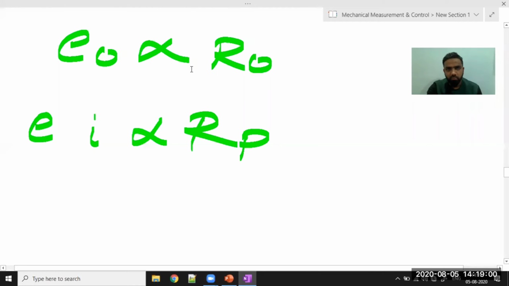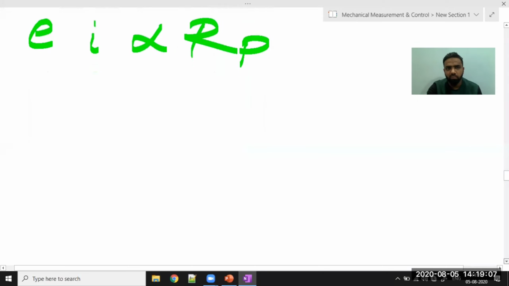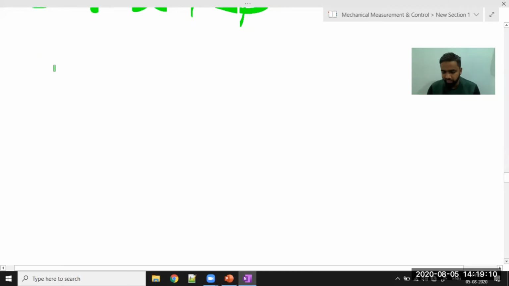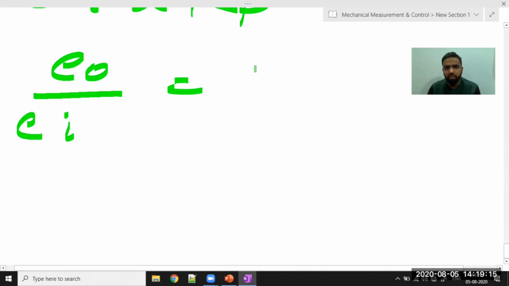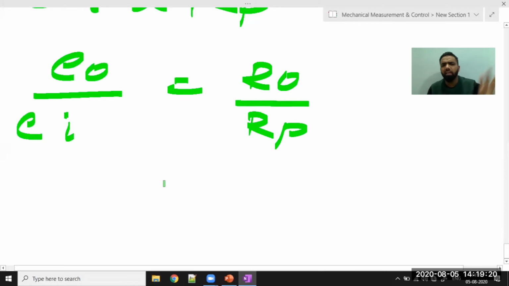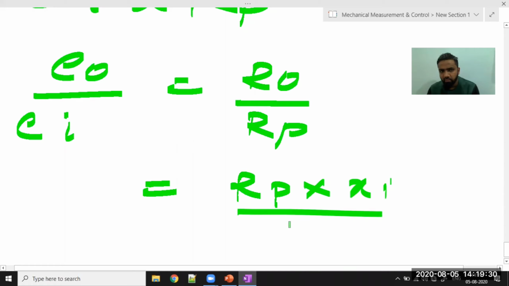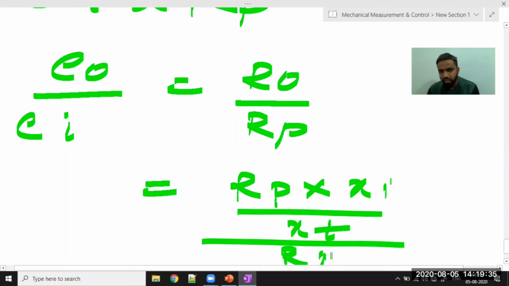Very nice. Now we will divide both the terms. This is the place where I made an error and you were not able to identify it. E naught by Ei will be equal to R naught by Rp. R naught is Rp into Xi by Xt, divided again by Rp.